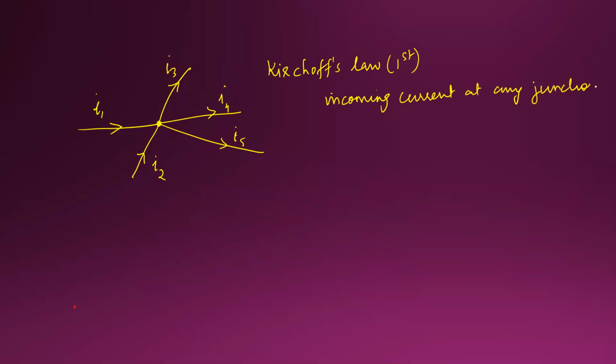So Kirchhoff's current law, or Kirchhoff's first law, says that incoming current at any junction will be equal to the outgoing current from the junction.